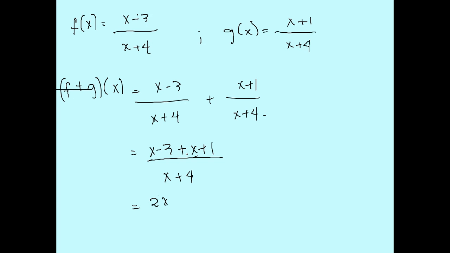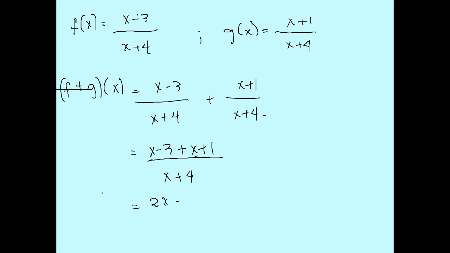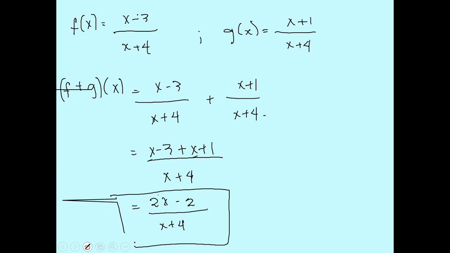So, negative 3 plus 1, we have negative 2. So, after po nyan, kukopyahin lang po natin si x plus 4. So, ito na po yung pinaka final answer po natin.